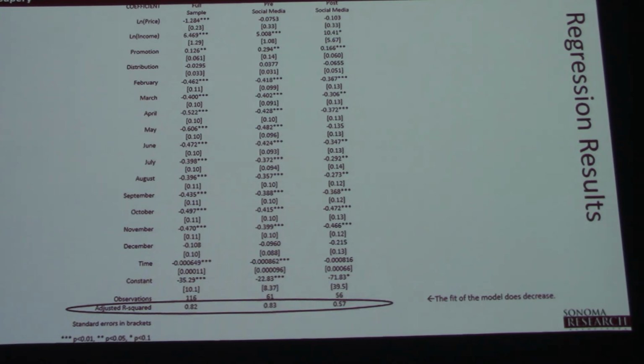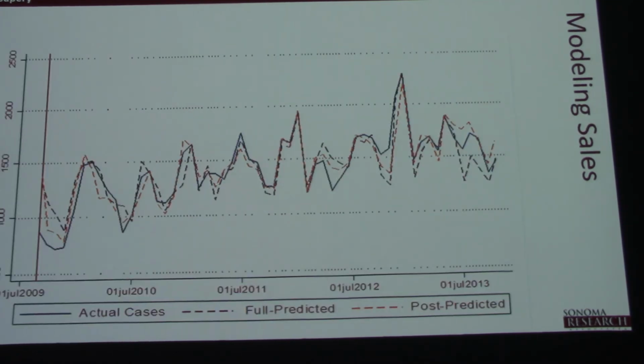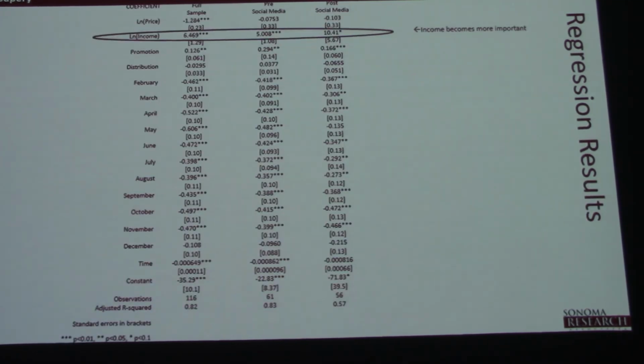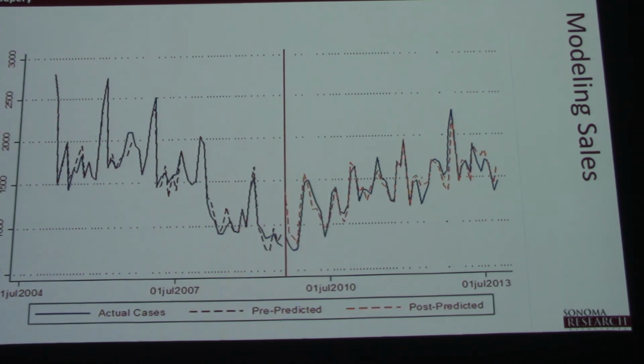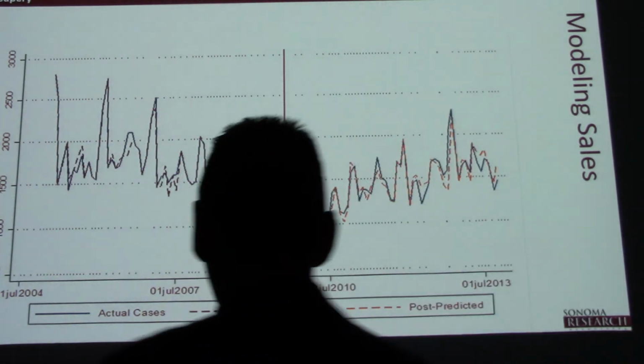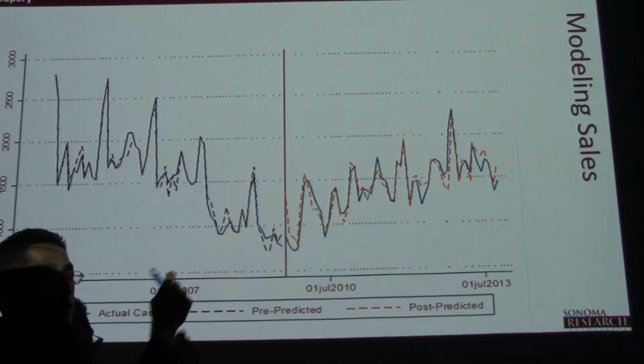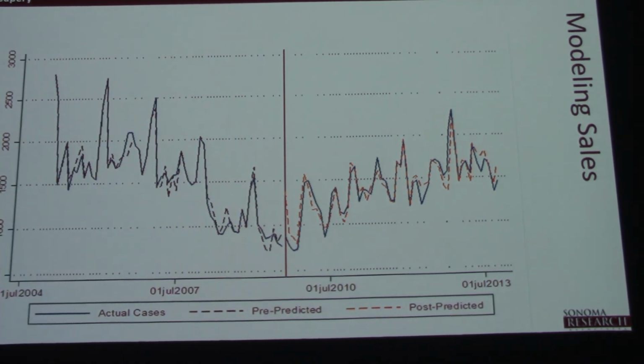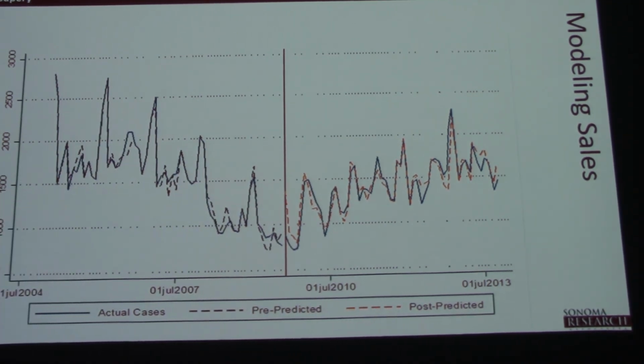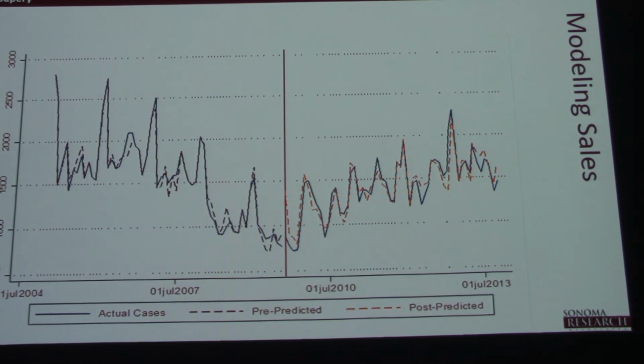So perhaps what I should use instead of a linear time trend is maybe a, let's go back. That's the post. Perhaps instead of a linear time trend, I use something that can account for this nonlinear shape, such as a, what'd you say? A parabola. A squared term, exactly.